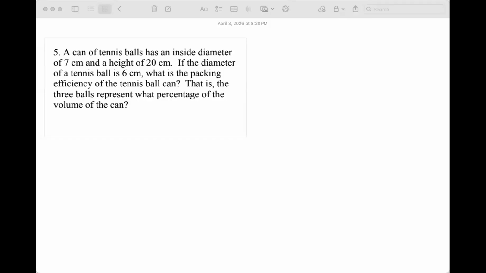I forgot to multiply by the height. The volume is 769.69. So much better. That's right. Go ahead and calculate the volume of the ball and tell me what percentage of the volume of the can is the volume of the balls.